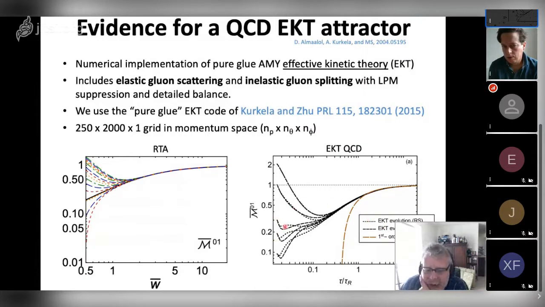And you notice that at early times, there's some difference between these two types of initial conditions, but then again, by about roughly 0.3 on this dimensionless scale, they collapse down. And so this is now evidence, not full evidence, for the existence of this attractor in QCD.